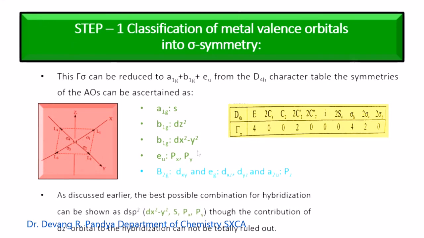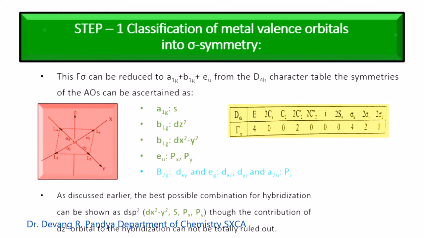As discussed earlier, the best possible combination for hybridization can be shown as dsp2. In octahedral geometry it is d2sp3 or sp3d2. In tetrahedral geometry, sp3 hybridization is there, while in square planar geometry it is assigned as dsp2 hybridization.